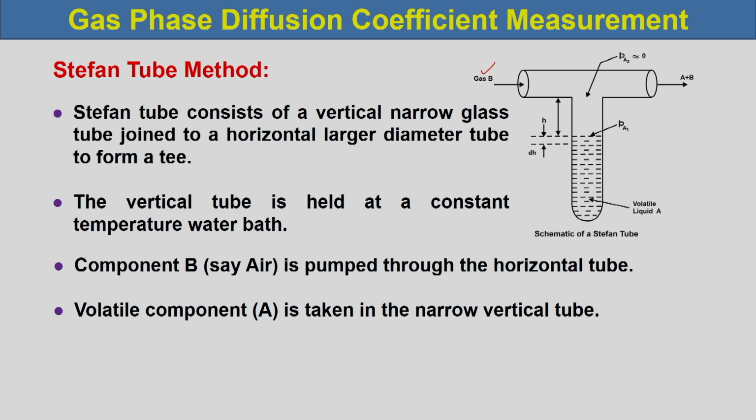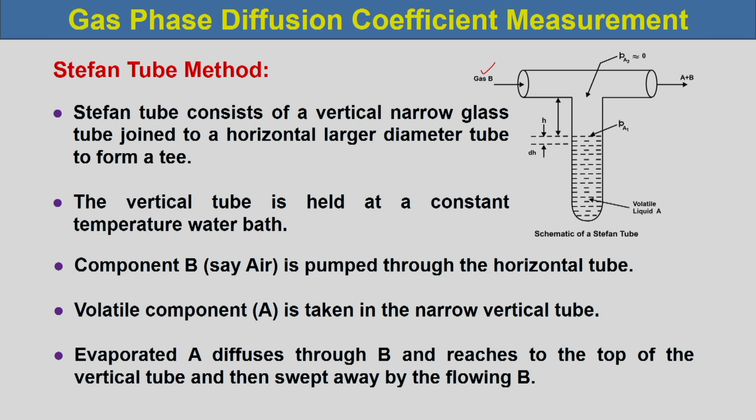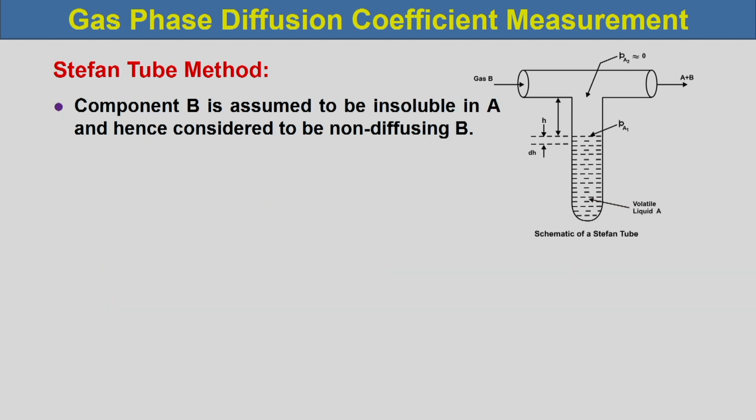The vertical tube is filled with the volatile component, so that it vaporizes at a certain low temperature, and then it diffuses through the connecting tube T. Evaporated A diffuses through B and reaches the top of the vertical tube, then is swept away by the flowing B. Component B is assumed to be insoluble in A and hence is considered to be non-diffusing B.